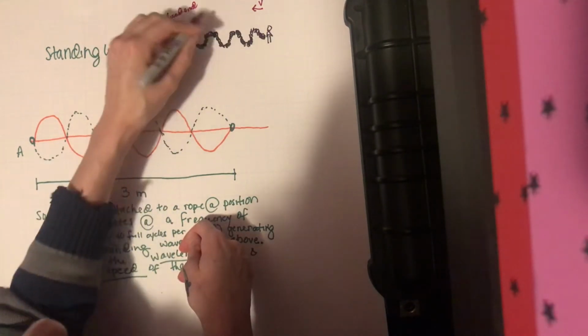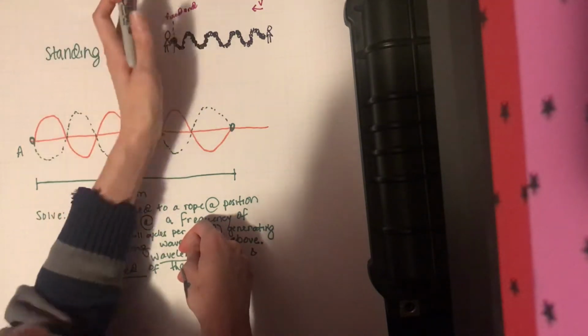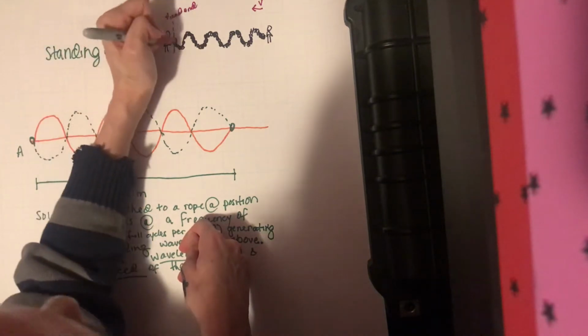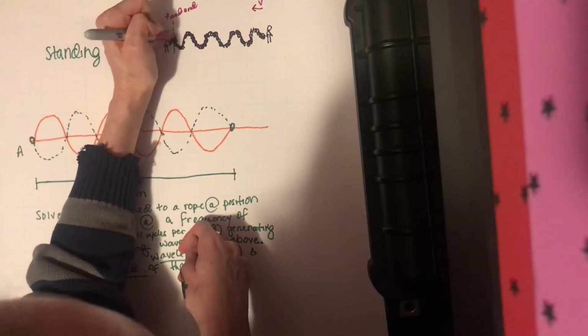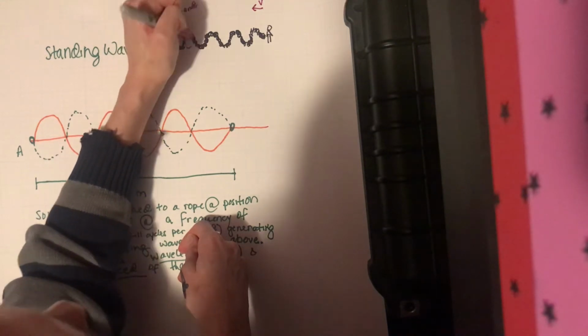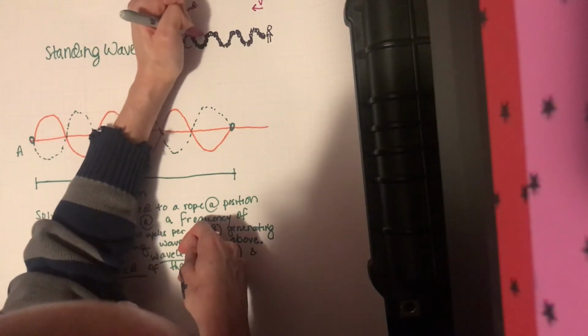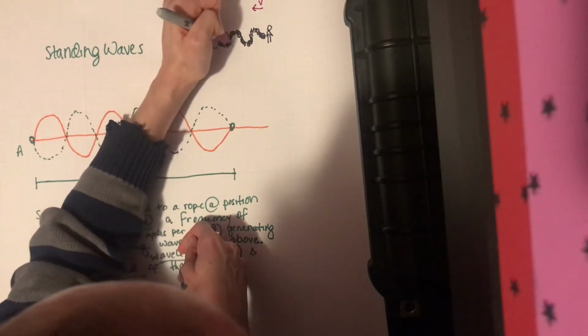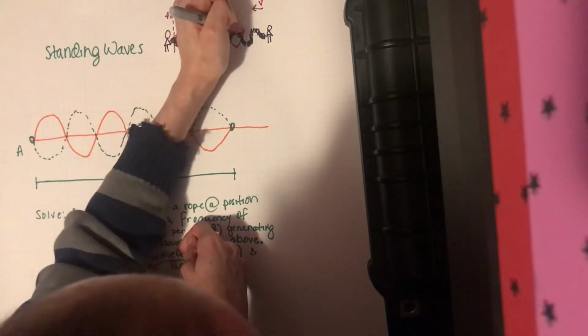So because this wave is encountering this fixed end, the force acting in the opposite direction is going to invert it. And what you will end up seeing is something that we would refer to as a standing wave. And it would look something like this.